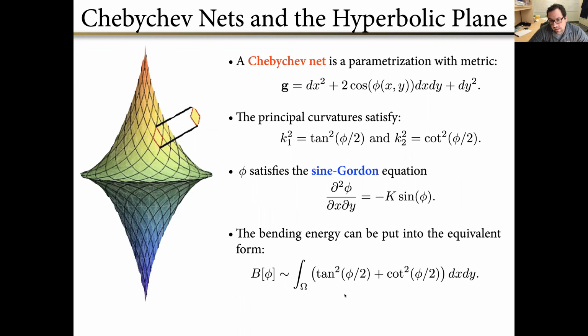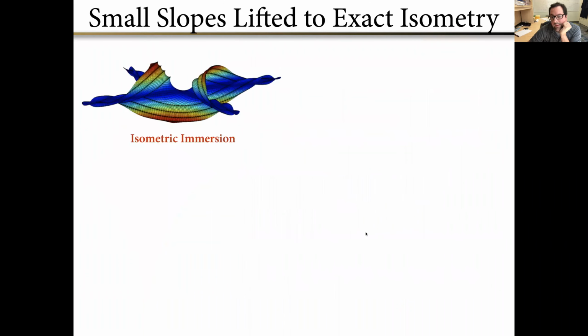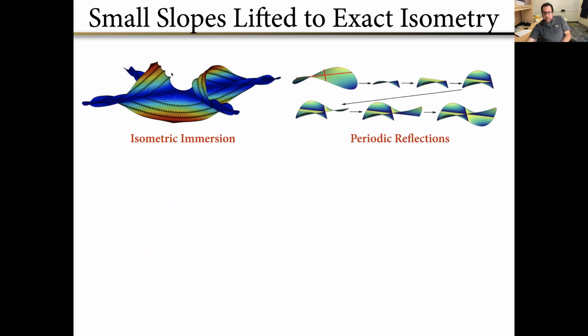So by converting it to this problem of solving a Sine-Gordon equation, I can actually now just minimize this bending energy subject to the constraint that it solves this PDE. Okay. I won't go through the details, but this is the idea of generating this surface. This is the nonlinear analog of the previous surfaces I had, where this is a solution to the Sine-Gordon equation.